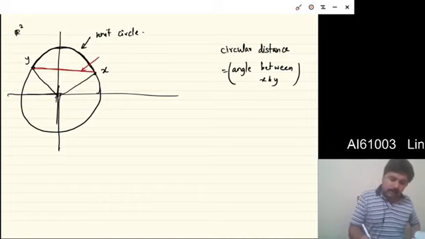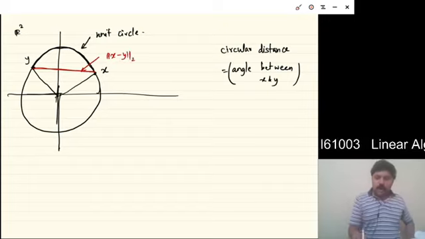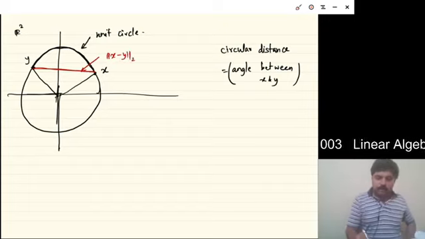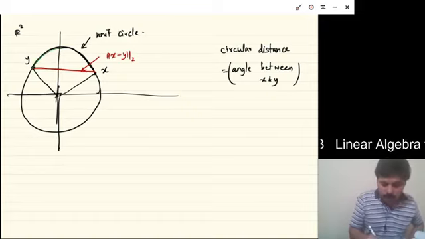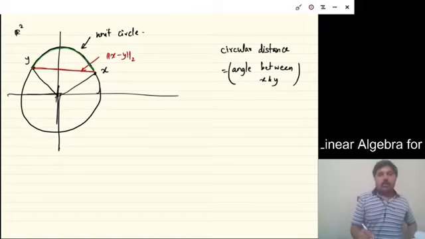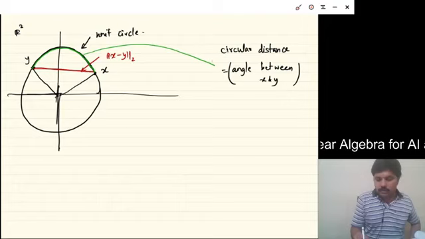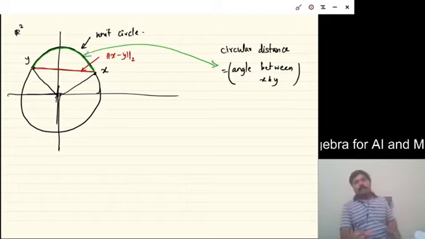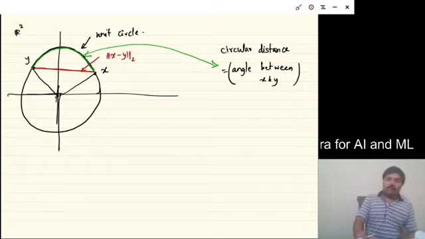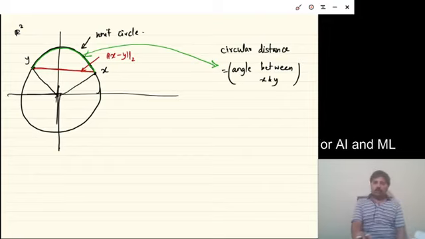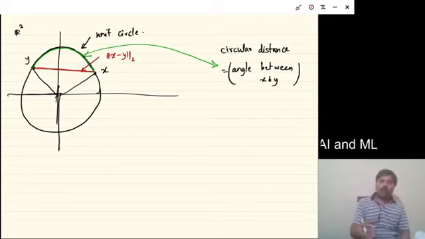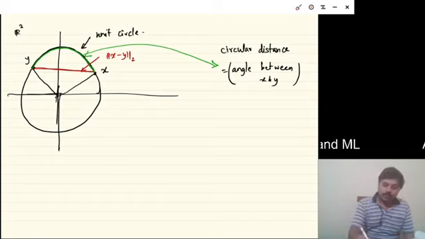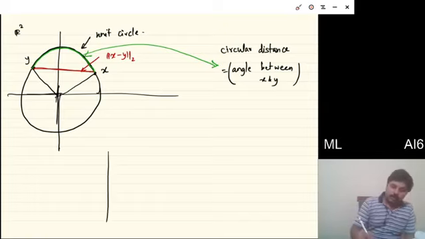So this is x minus y, the Euclidean distance, and this circular or angular distance is basically this along the circumference. So I can define similarity between the vectors either by using the angular distance, or circular distance, or the Euclidean norm distance.